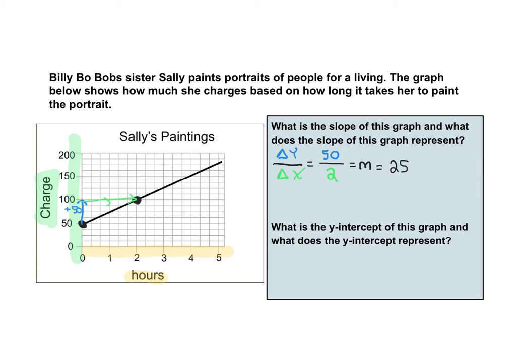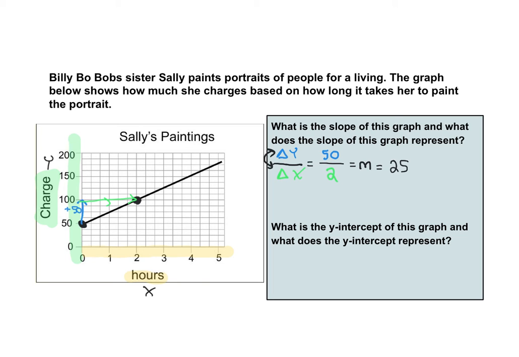And what this represents on this graph is the charge per hour. My y is my charge, my x is my hours, y divided by x.